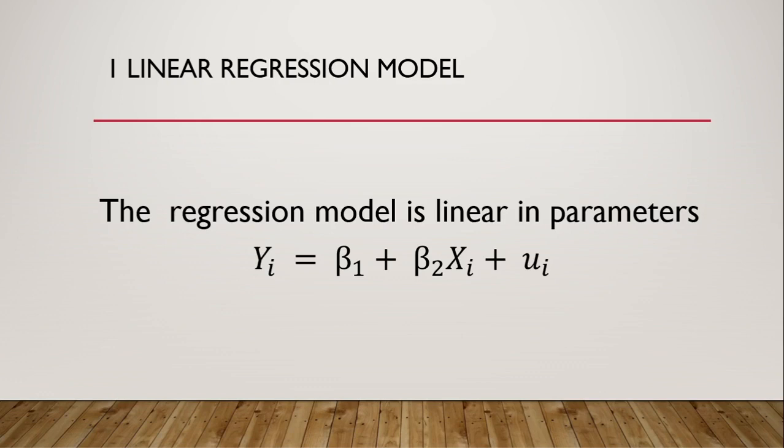Here, in this model, yi is equal to beta 1 plus beta 2 xi plus ui, the power of parameter beta 1 is 1 and the power of the next parameter beta 2 is also 1. So, this model is linear in parameters. This is the first assumption, linearity in parameters.